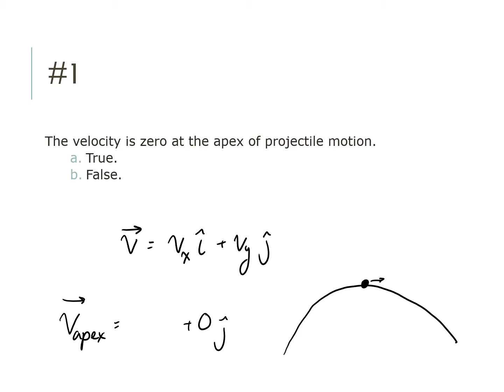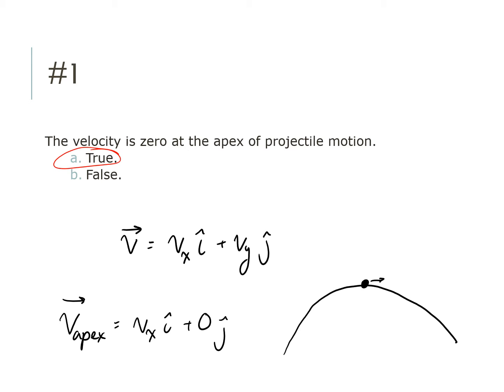However, we are still going to be moving, in the case of how I've drawn my arrow, to the right. You could also be moving to the left. It's equally valid. However, we would have a Vx value. We have some velocity in the x direction when we're undergoing projectile motion through the entirety of our path.